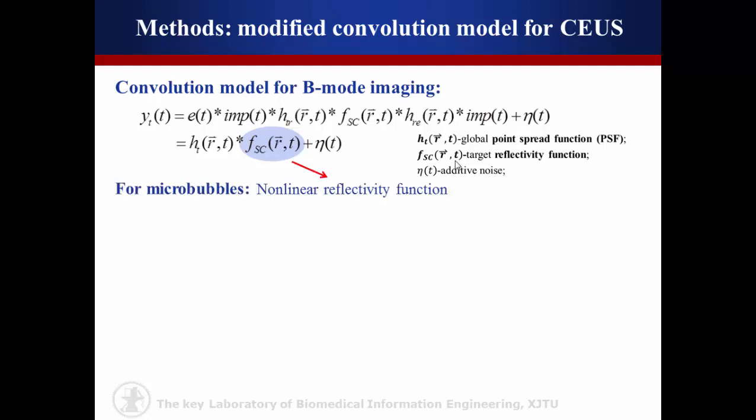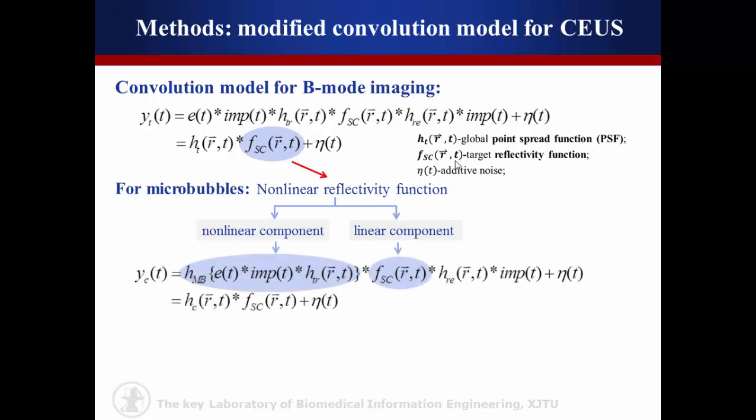However, for microbubbles, the reflectivity function is always nonlinear. So in this case, it can be divided into nonlinear components attributed as a part of the PSF, and the linear components relating to the location of microbubbles and acting as the linear reflectivity function.